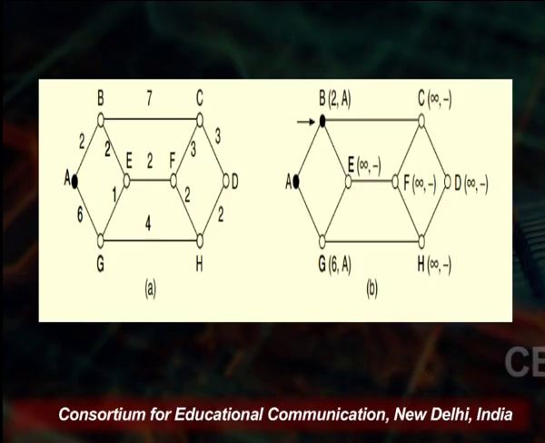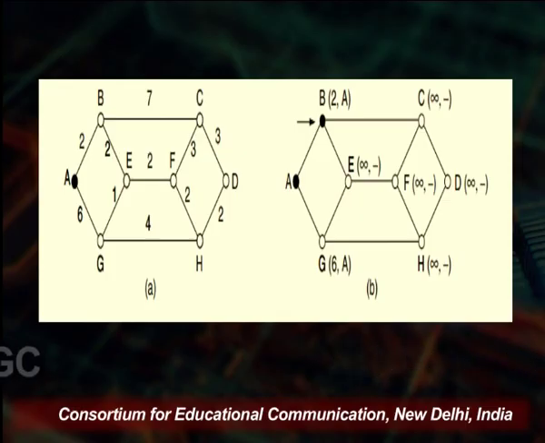So, geographical distance is another criterion. With the number of hops, the two paths ABE and ABC are the same, but if we consider geographical distance as the criterion, they are not the same.